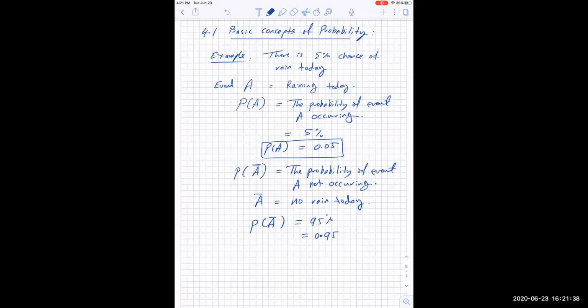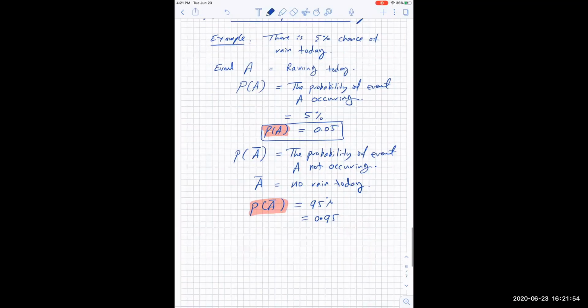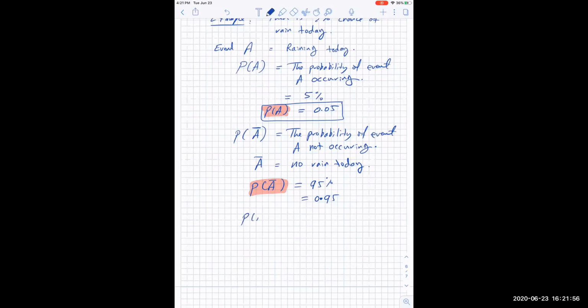So this is very important, where I'm introducing the notation for you guys. P of A means the probability of A occurring. P of A bar, the probability of event A not occurring. And you also need to know that the probability of A plus the probability of its complement A bar is always equal to 1 or 100%.